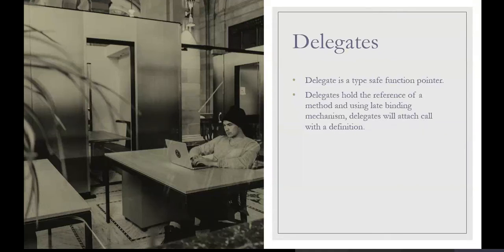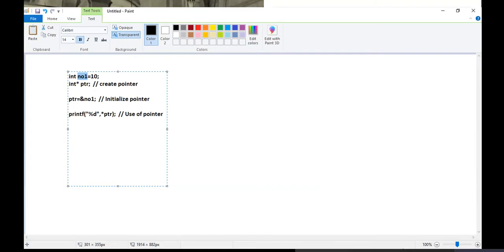Again, as I told you, if you are from a C background and you know function pointers, then I don't think you will need to learn anything, because it is copy-pasted in C#. The only thing is that the syntax changes a little bit. For simplicity, let's do this with C first, and then we'll go for C#.